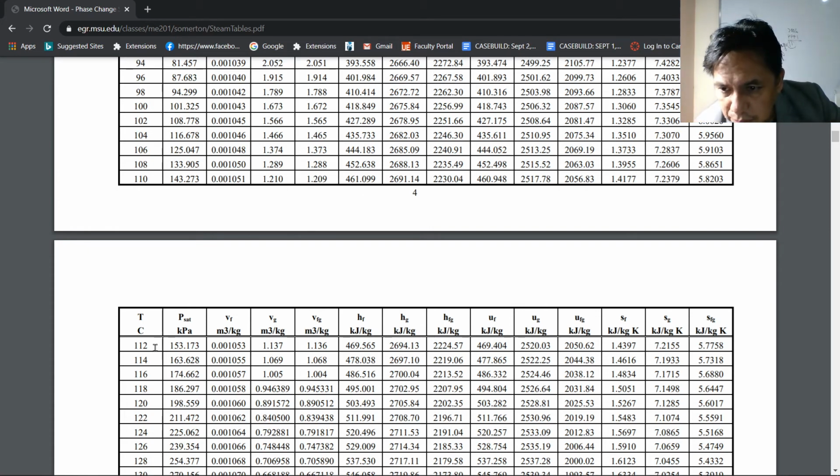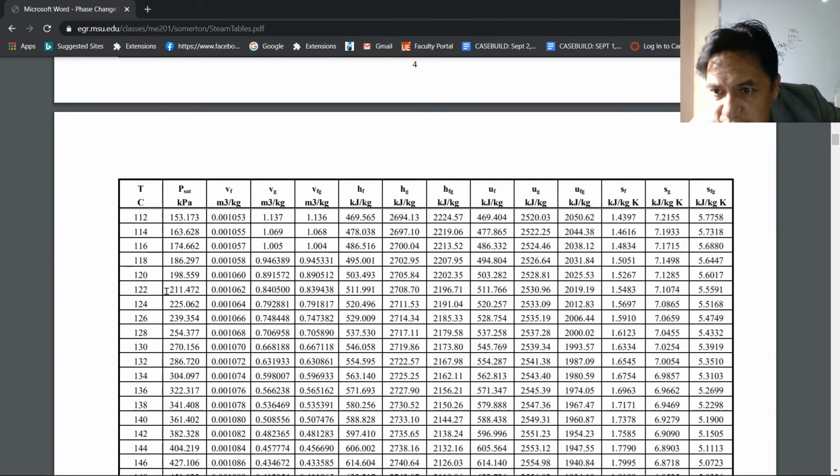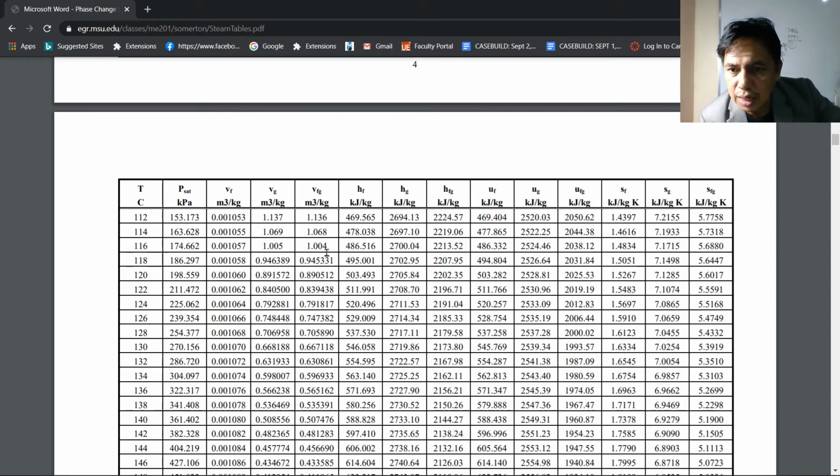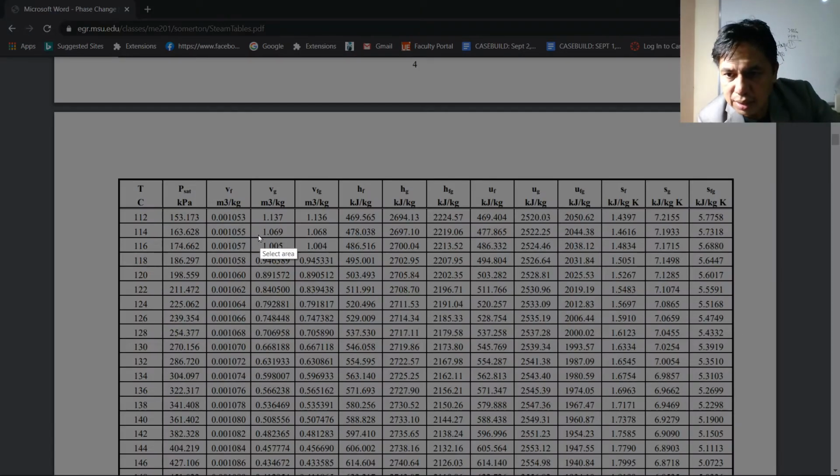So let me put here 115. Oh my God, it should be interpolated, right? So enthalpy of fluid, 478, 486. It's between 478 and 486. So let us abide by this 482.48. Let me capture this first so that you have an idea of what is going on.